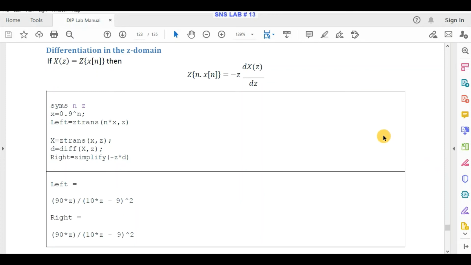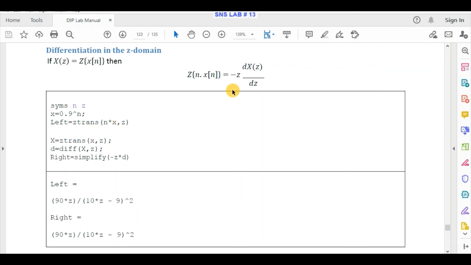This property can be proved by assuming any signal x of n and multiplying it with a value of n. So here you can see we will start from the symbolic variable, then x is equal to 0.9 power n. The left hand side will be equal to the z transform of n x of n, so n multiplied by x.